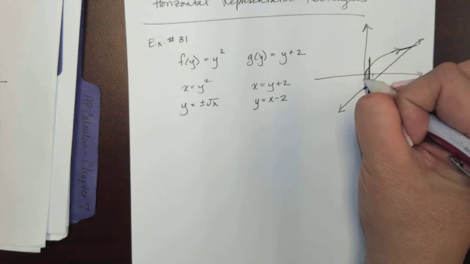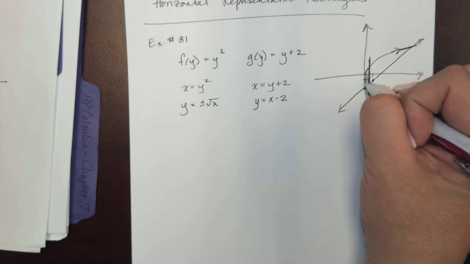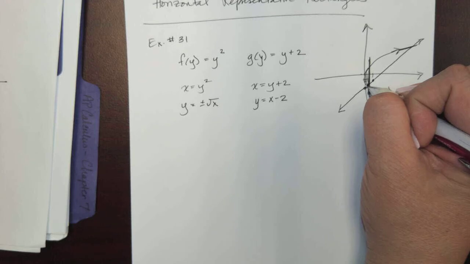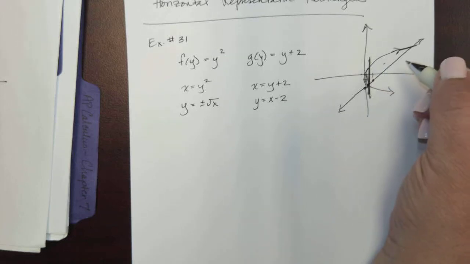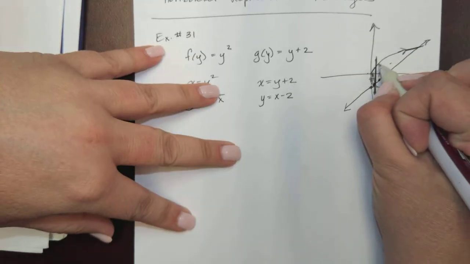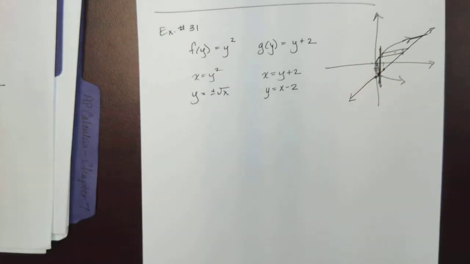Because of how this scoots out over to the side, there's no function at the bottom of it, right? I would lose some of my area. So I'd have to do one area and two areas. Or I can imagine that this is horizontal and do horizontal rectangles per se. We're going to use calculus, we're going to use intervals, but we're going to do it horizontally instead of vertically.